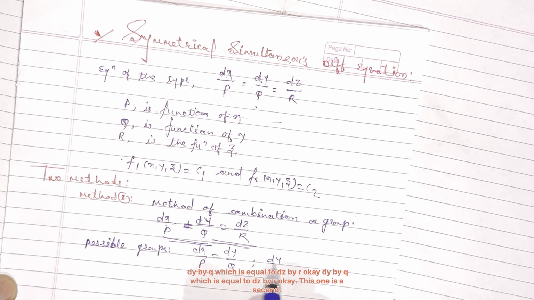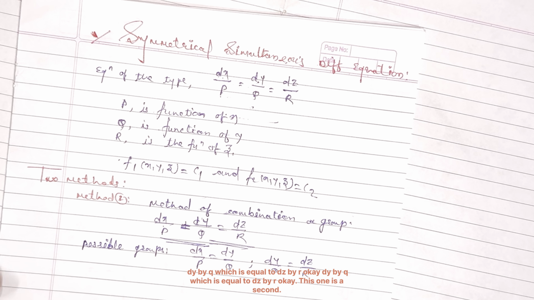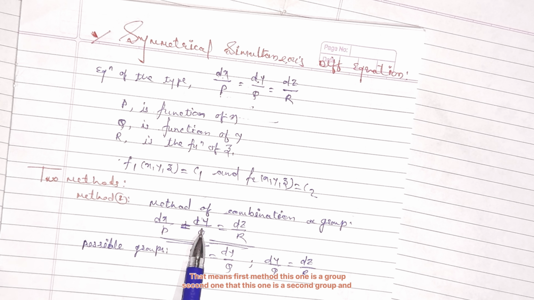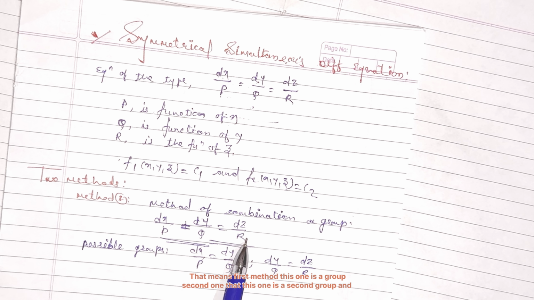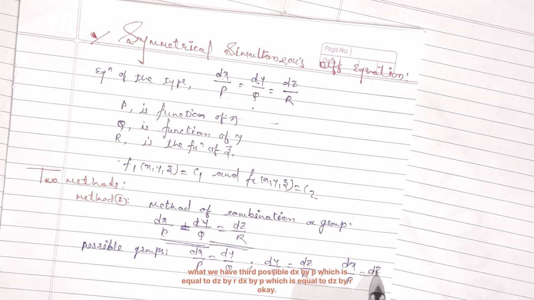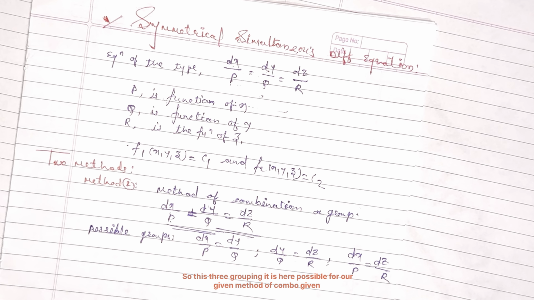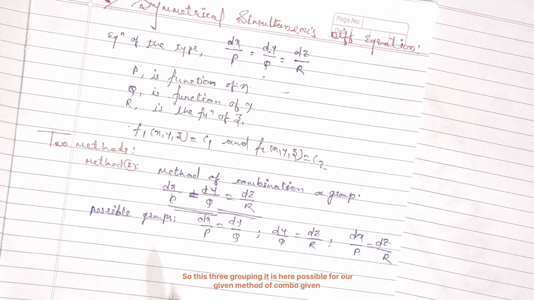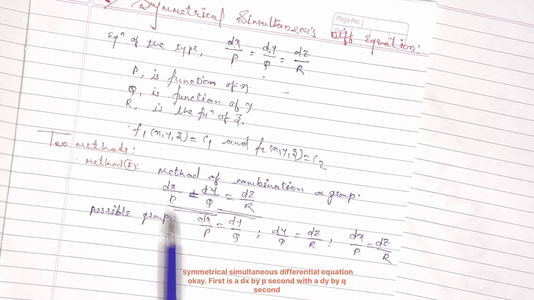The third possible group is dx by p equals dz by r. So these three groupings are possible for our given symmetrical simultaneous differential equation.